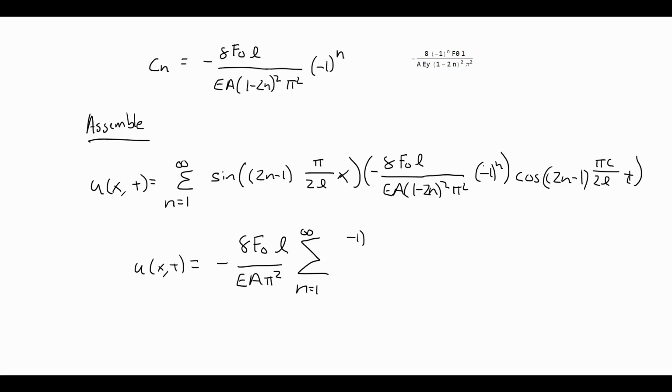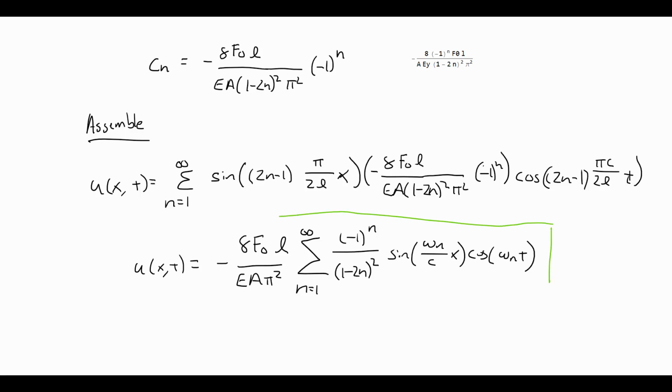And out in front, I'll have this negative 1 quantity to the nth power over this 1 minus 2n quantity squared. And then I'll have my sine of, I'll write it more compact here, omega n over c times x times the cosine of omega n times t. And that becomes the complete solution for u of x,t.